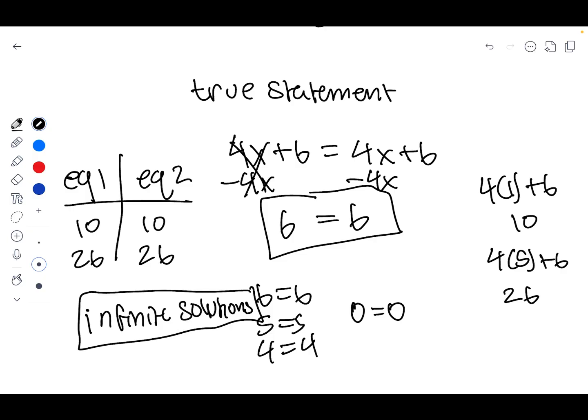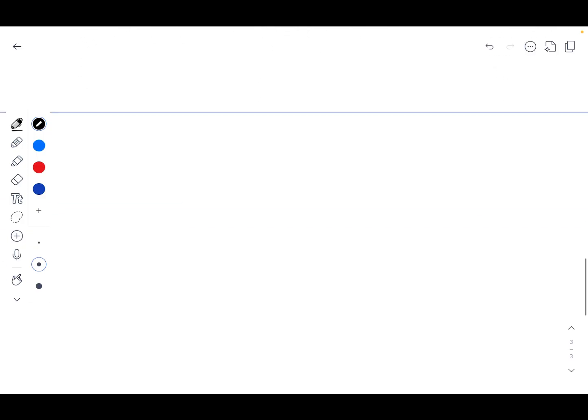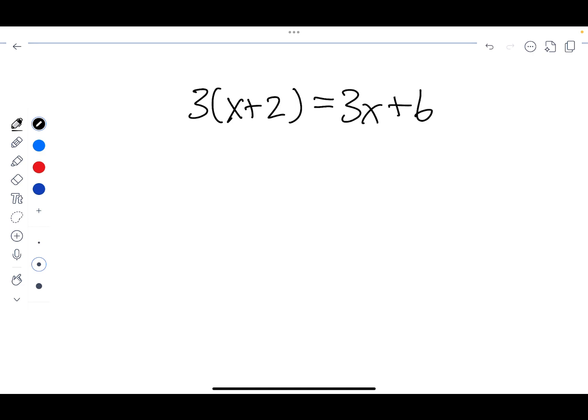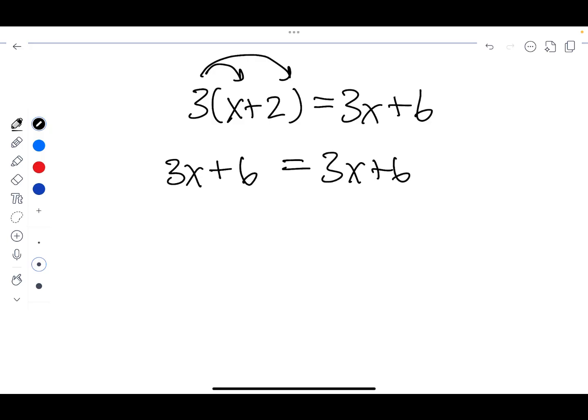Right. Next, let's go into another example: 3 times x plus 2 is equal to 3x plus 6. Firstly, you have to distribute. 3 goes into x to make 3x, and 3 goes into 2 to make plus 6, equal to 3x plus 6.